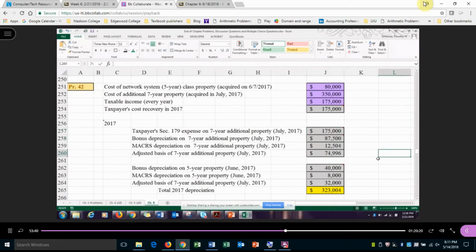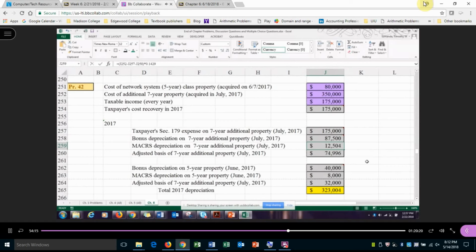So then the next step is we've done Section 179, we've done the bonus depreciation. Now we get the accelerated depreciation on the first year of what's left, the depreciable base. So if you go, within the chapter, to the tax tables for a 7-year asset, those tables are found on page 613.